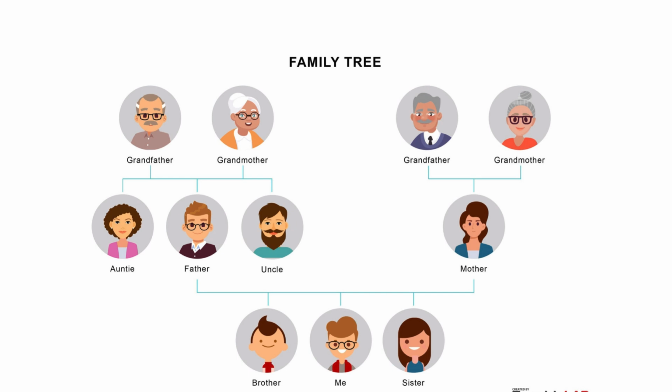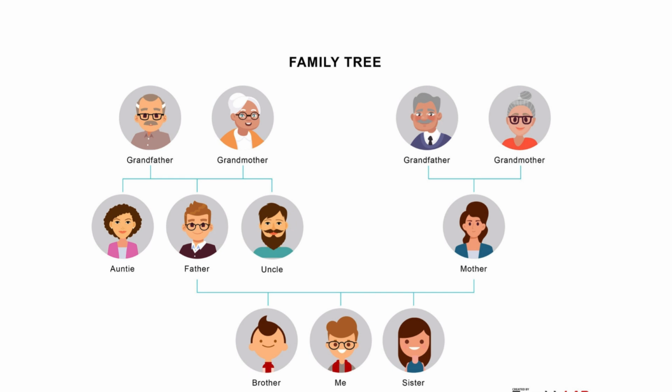Or on your father's side, you would have one auntie and one uncle. Or in some cases, like this diagram here, on your father's side, you would have one uncle or one auntie, and on your mother's side, it would be like her alone. You don't have any aunties or uncles on her side.